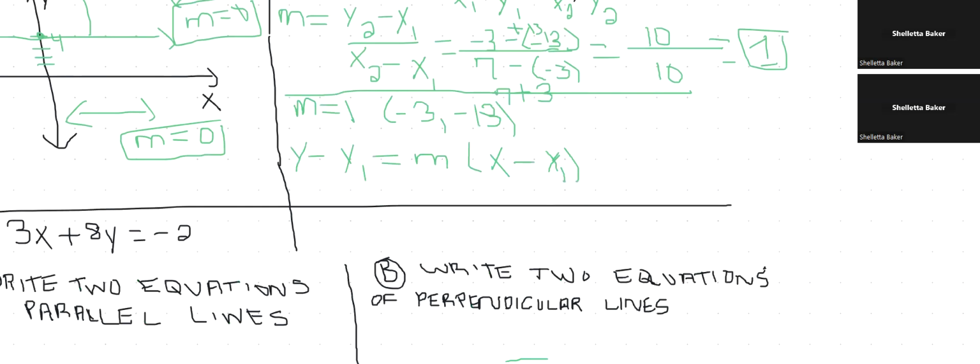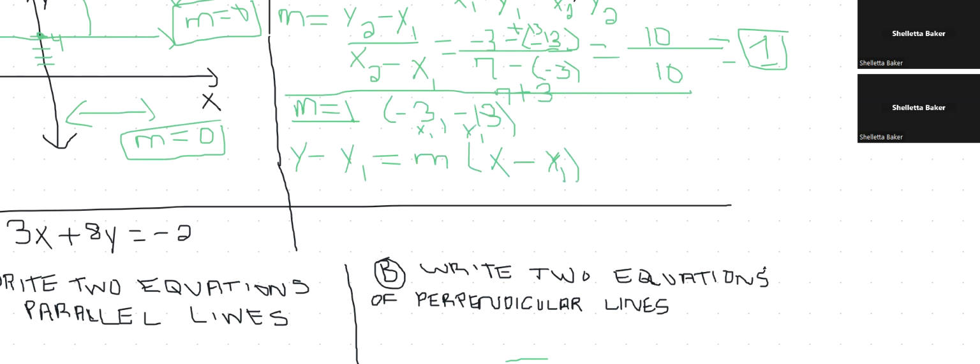Now, when we're writing this equation, we're just going to substitute 3 values. The slope, our m, would be +1. And then for the x sub 1 and y sub 1 values, we're going to substitute -3 right here for x sub 1 and -13 for y sub 1.